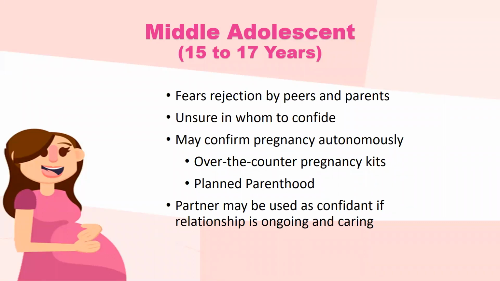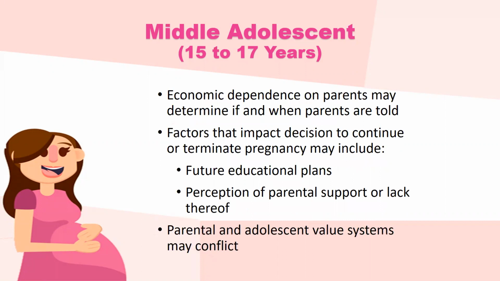They're not sure who they can confide in. And at this stage, the partner may be used as a confidant if the relationship is ongoing and a caring relationship. Financial dependence is still usually on parents.